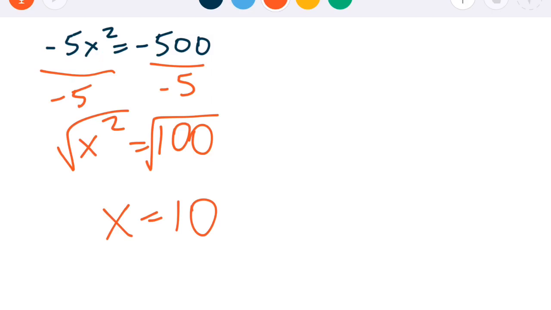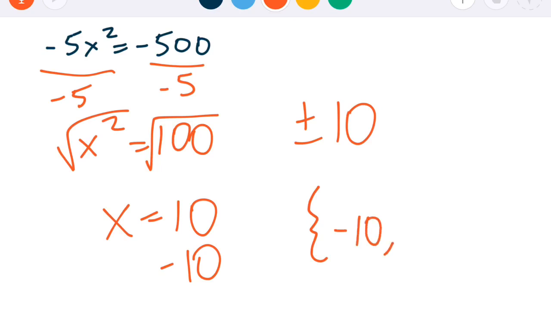But remember, we just talked about how a positive real number has two answers. So a short way of writing 10 and negative 10 is plus or minus 10. And more specifically, we're going to represent our answers using curly brackets. The negative numbers should come first, so we have negative 10 and 10 as our answers.